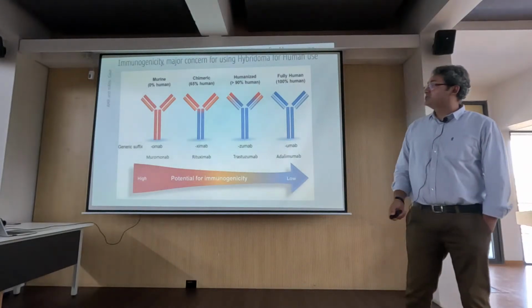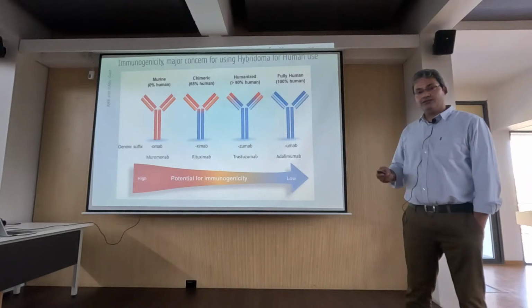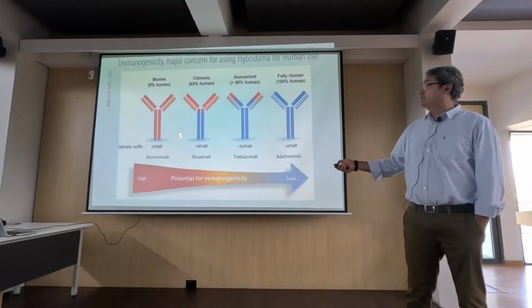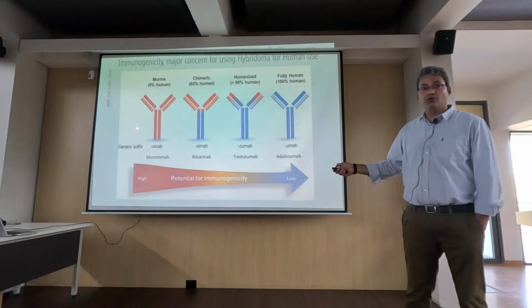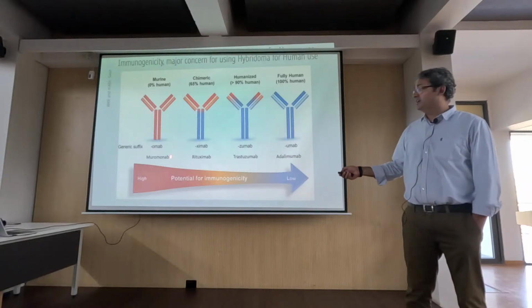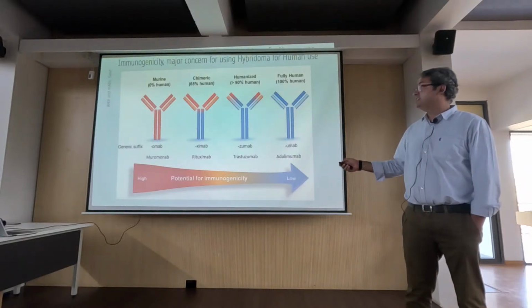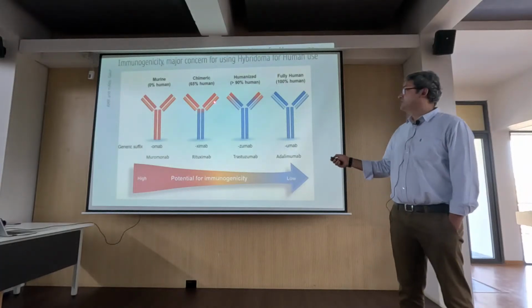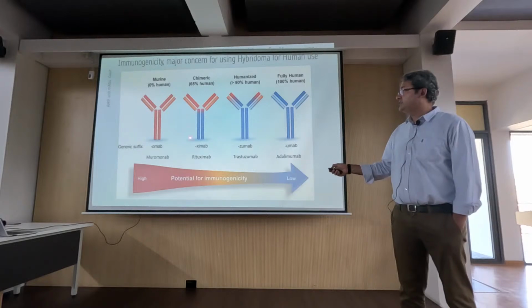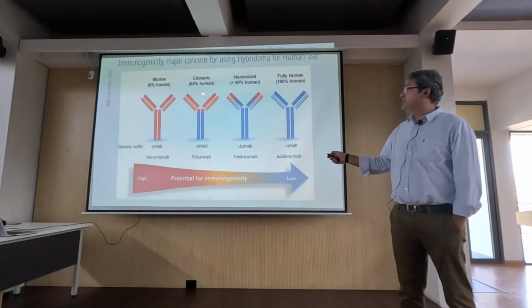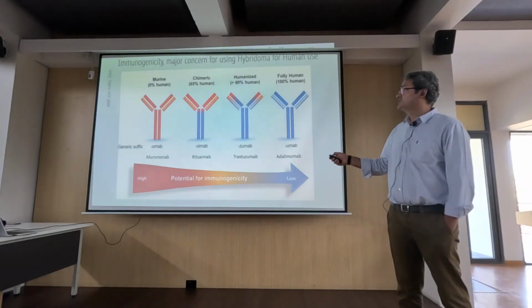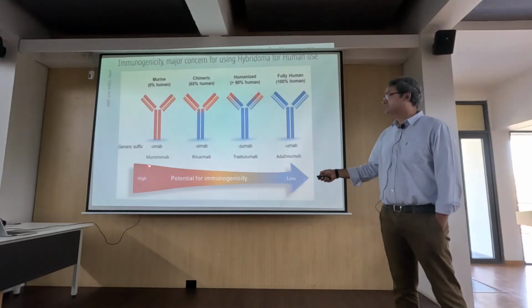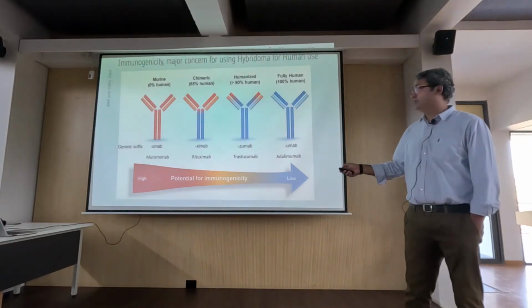So in the last 40 years or so, there has been tremendous advancement. Earlier it was through hybridoma, 100% murine, so it had the highest immunogenicity. Then a second class came, which was chimeric, wherein the researchers replaced the constant portion with human and kept the variable portion from murine. So it was close to 65% human, with a little less immunogenicity than complete murine.